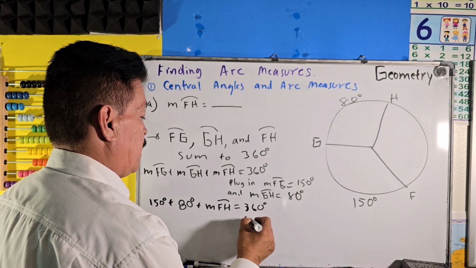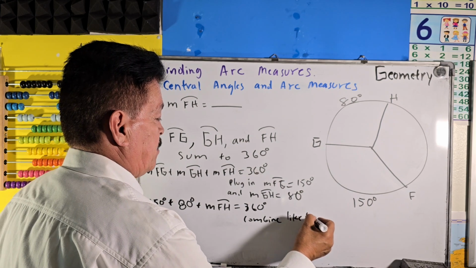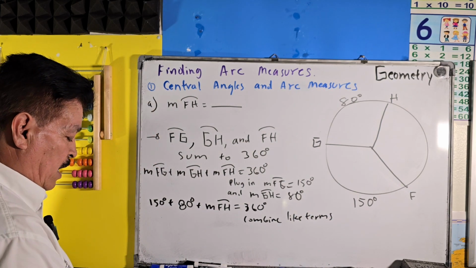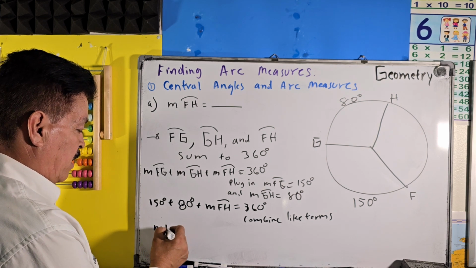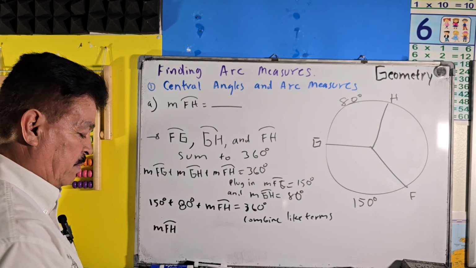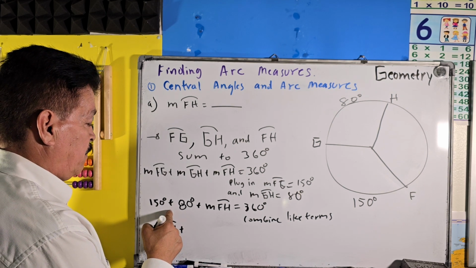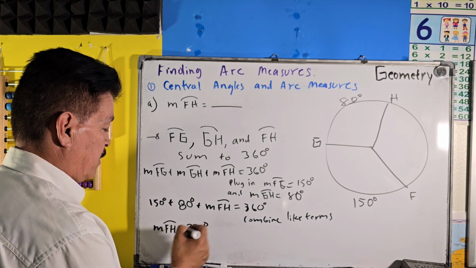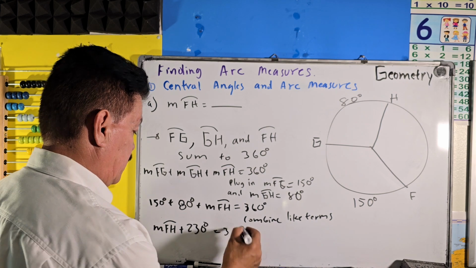We combine like terms, so we have the measure of FH, because we don't know it, plus 150 plus 80, which is 230 degrees, equals 360 degrees.